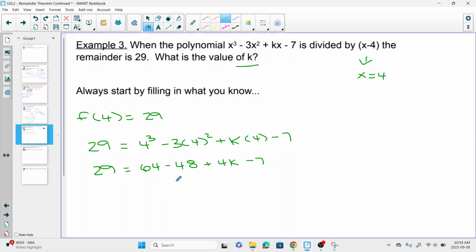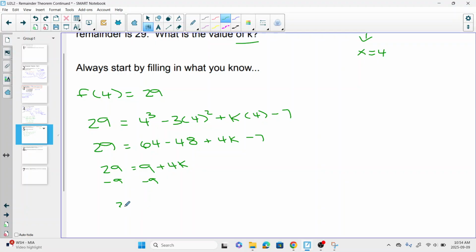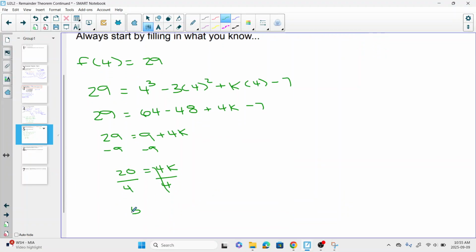We can start combining our like terms. 64 minus 48 minus 7 is 9, so we've got 29 is equal to 9 plus 4k, and then we get our constants all on one side, so we've got 20 is equal to 4k. Divide by our coefficient to isolate our variable, and we figure out that k is equal to 5.